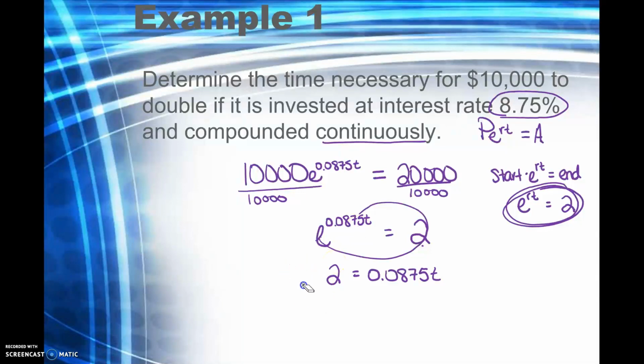So I could erase log base E and replace it with ln. ln of 2, you can punch that into your calculator. So grab your handy dandy calculator. ln of 2 is 0.6931.